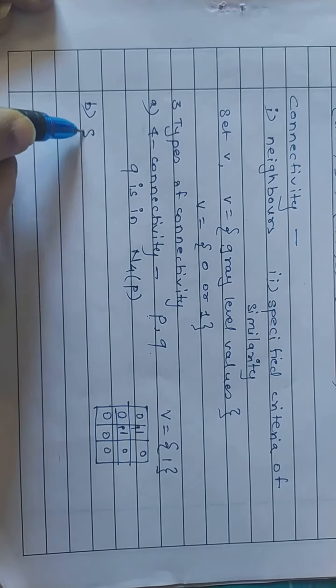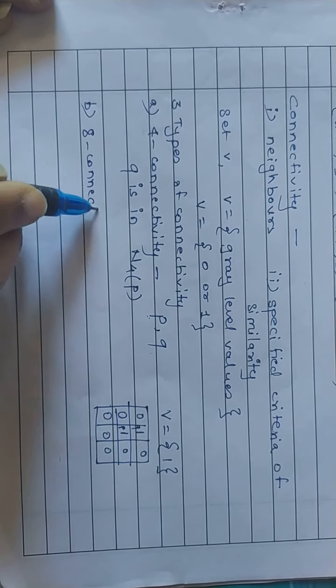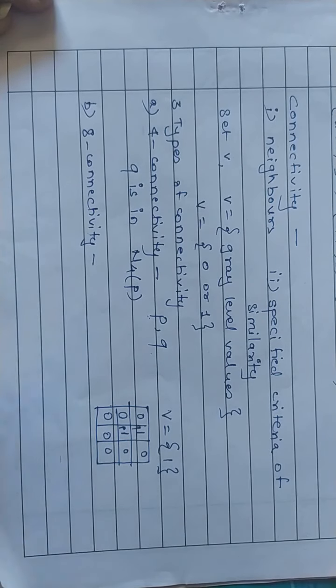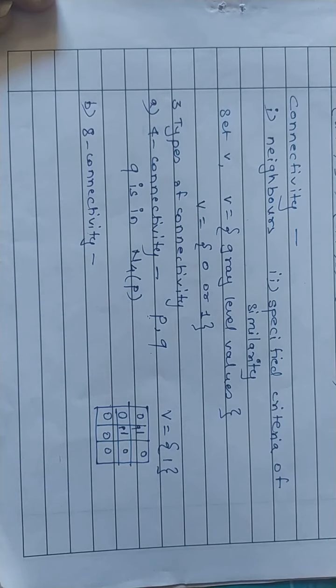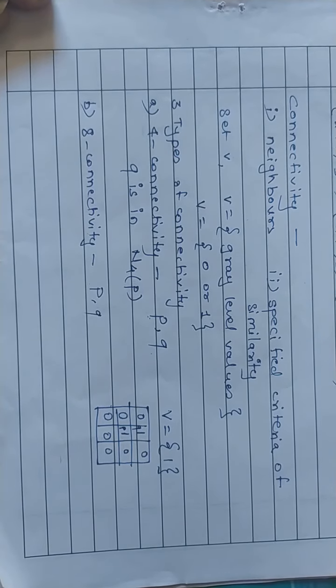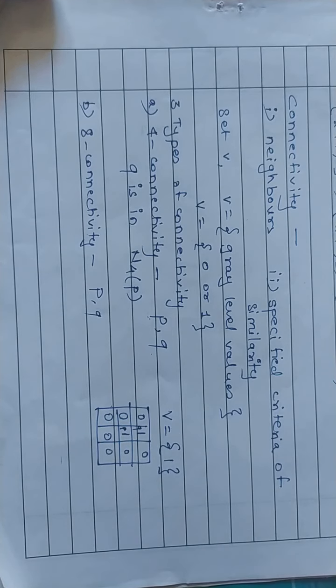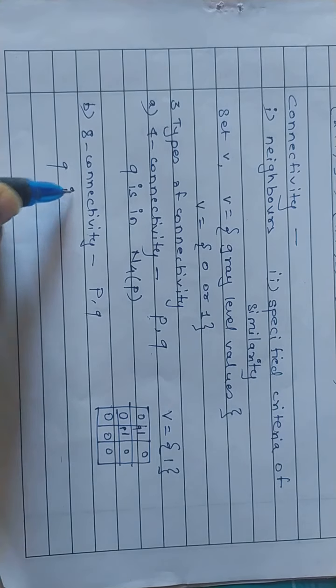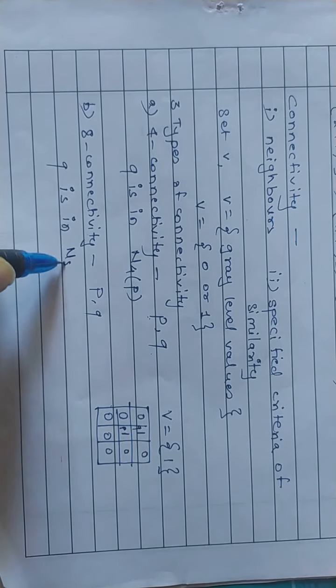The second type of connectivity is 8 connectivity. For this 8 connectivity, again we are considering two pixels, pixel P and pixel Q. These pixels P and Q should have values from set V, and they are considered 8 connected, or 8 connectivity, if Q is in N8(P).